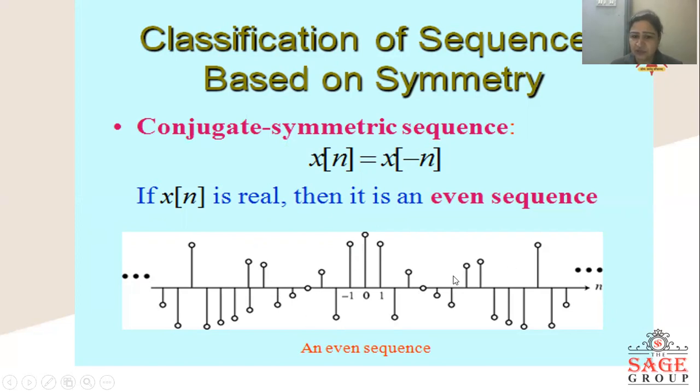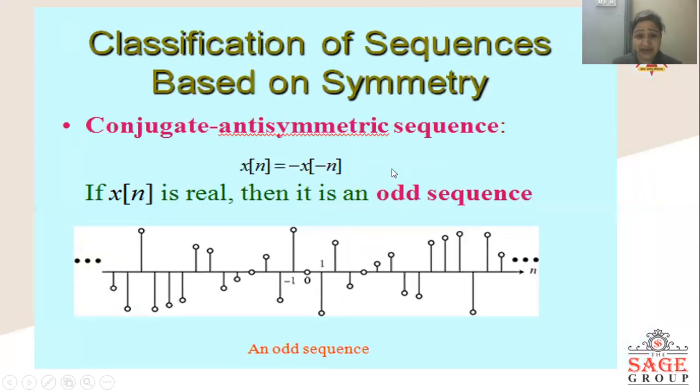So this sequence is also known as an even sequence. And the most common example of this even sequence is the cosine signal. Cosine signal is a symmetric sequence because whatever values it takes on the right-hand side of the y-axis, the same values occur for the signal on the left side of the y-axis.